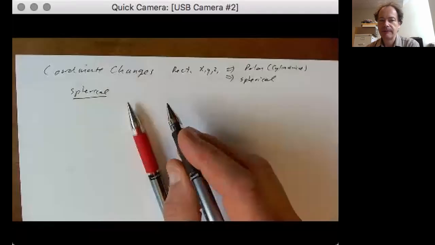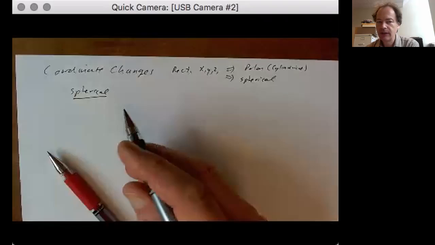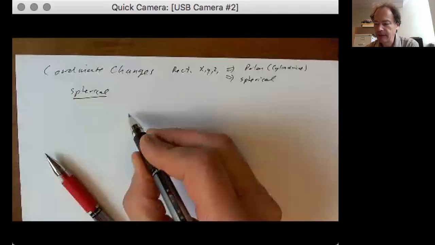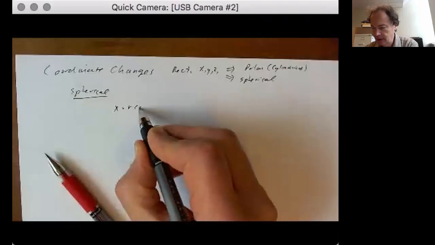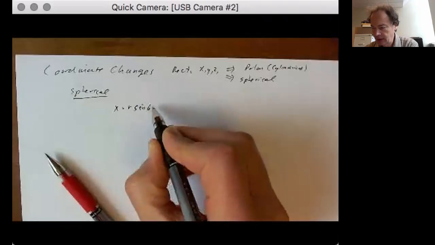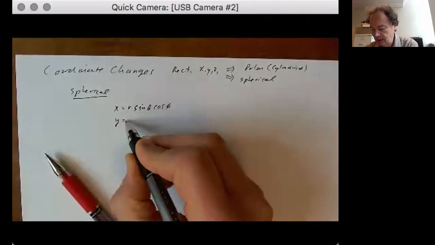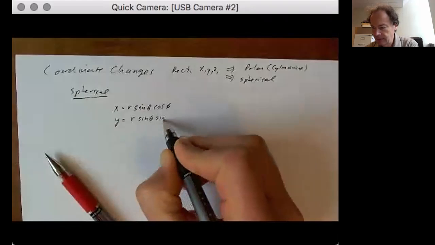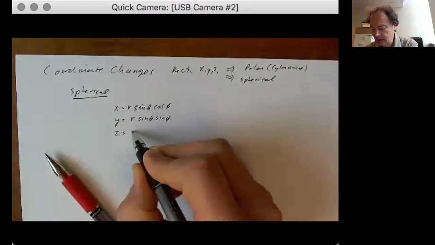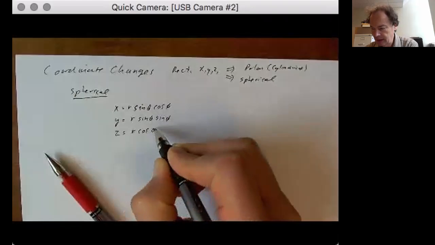So the spherical case, we understand because we have x equal to r sine theta cosine phi, y equal to r sine theta sine phi, z equal to r cosine theta.